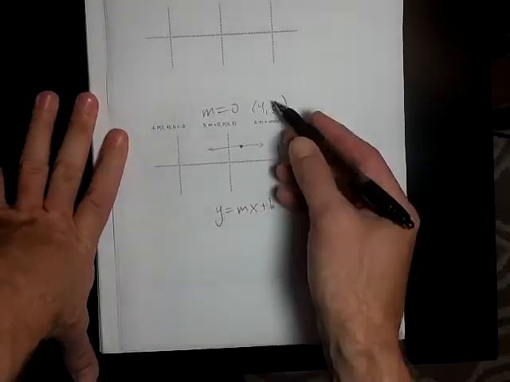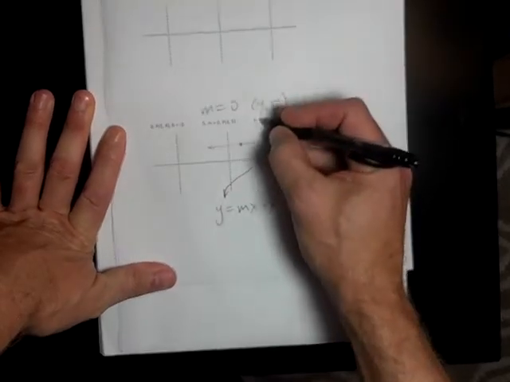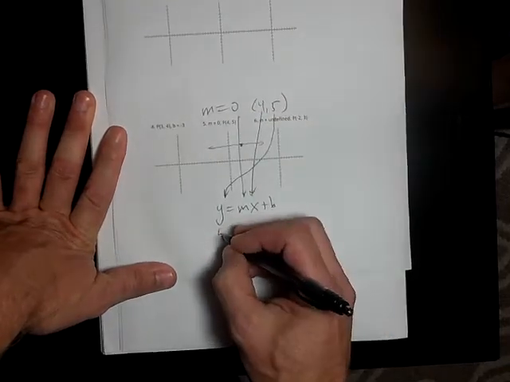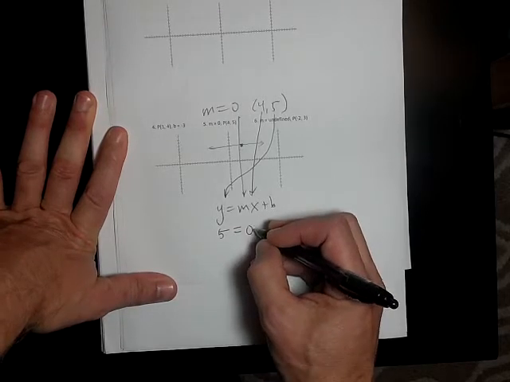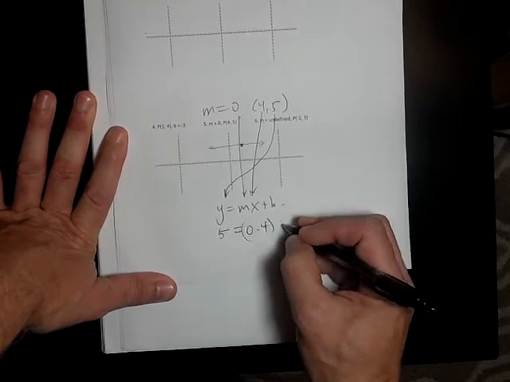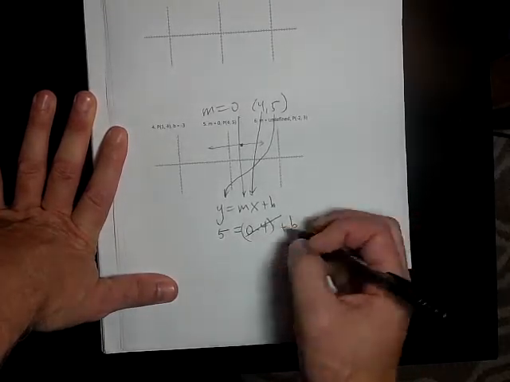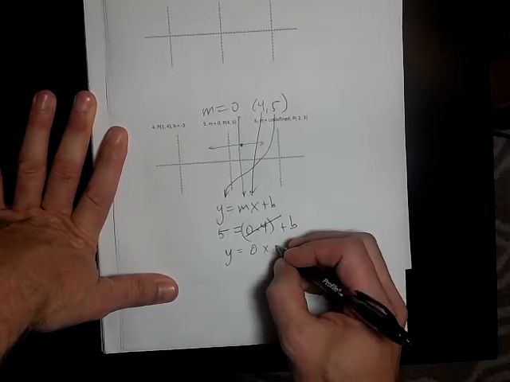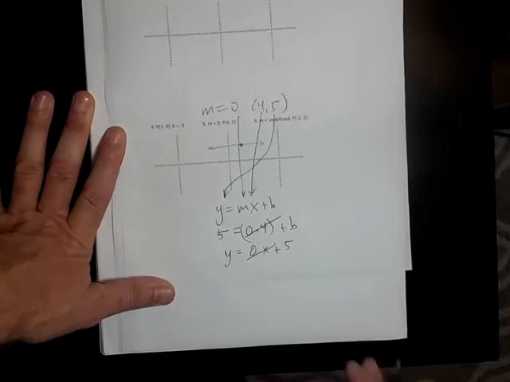So we can put in the point here: 5 is y, x is 4, and m is 0. This gives us 5 equals 0 times 4 plus b, but this is 0, so b is equal to 5. So the equation is y equals 0x plus 5, but that's just 0. So y equals 5 is the equation.